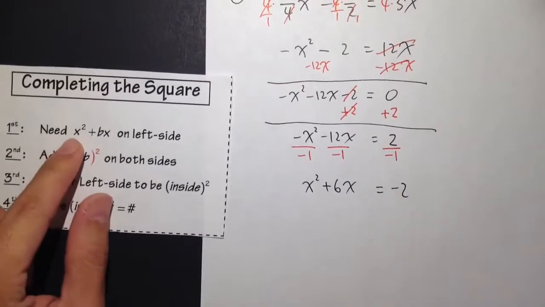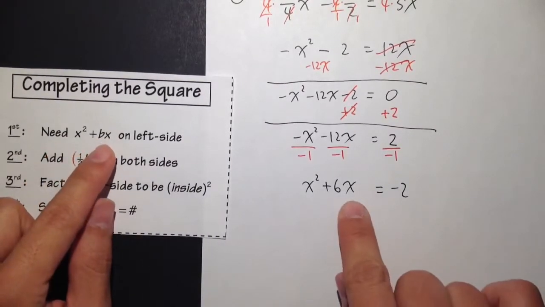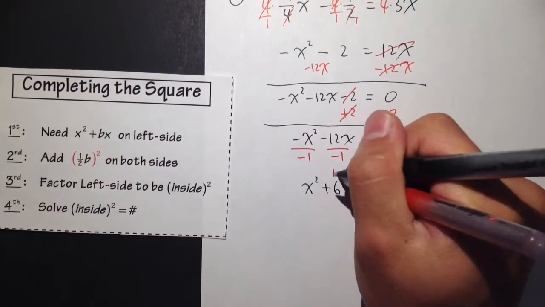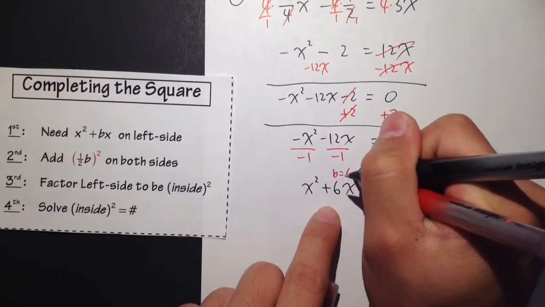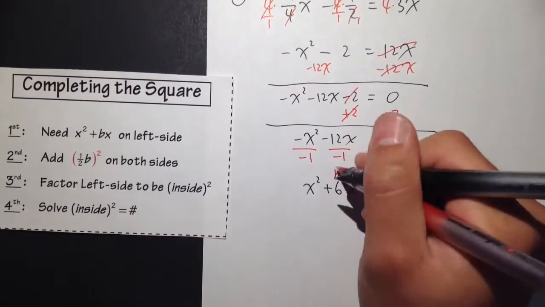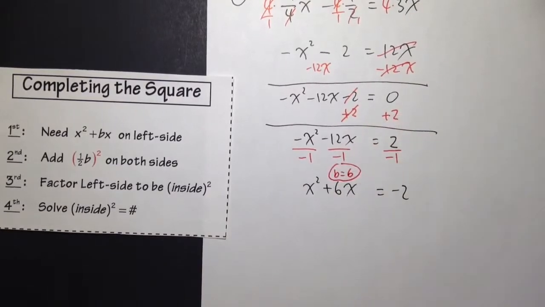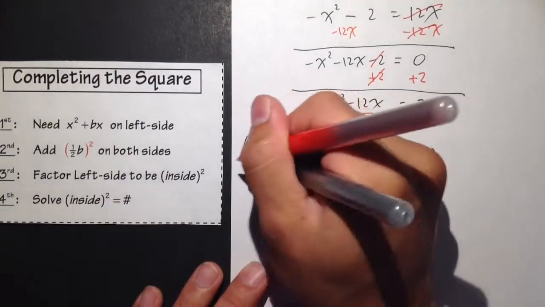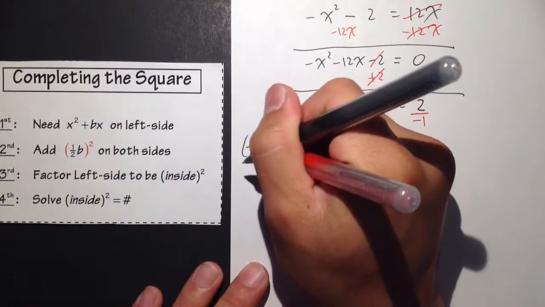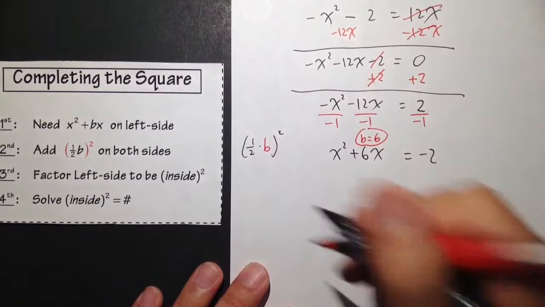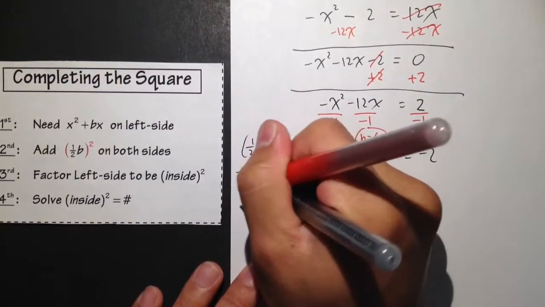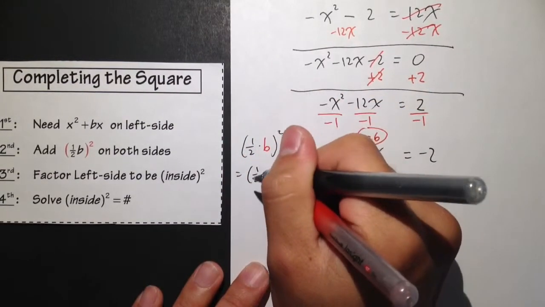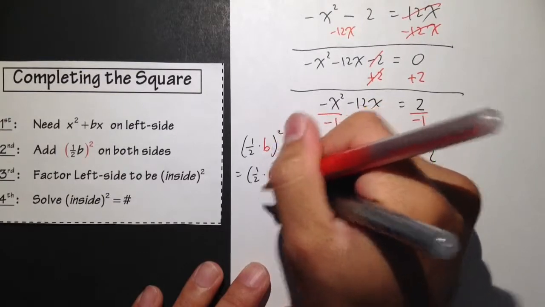So then we got our x squared plus bx on the left hand side, and b in our case is 6. This is my b, that's my 6. Okay? And then we just need to work out what's 1/2 times b, squared. Well, that's just 1/2 times 6, squared.